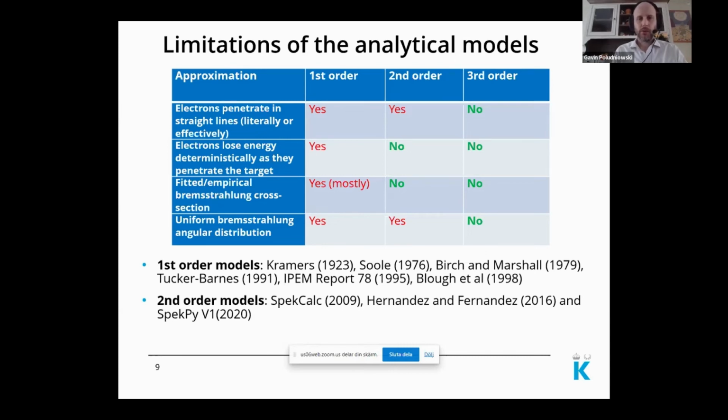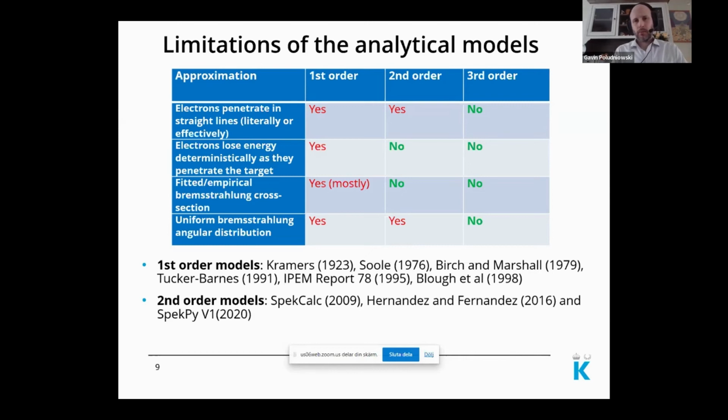So this was an improvement, but it's still assuming electrons effectively move in straight lines, and also that I assumed that they had a uniform Bremsstrahlung distribution.